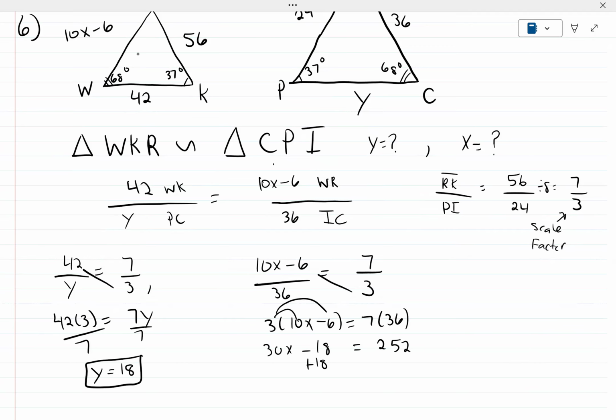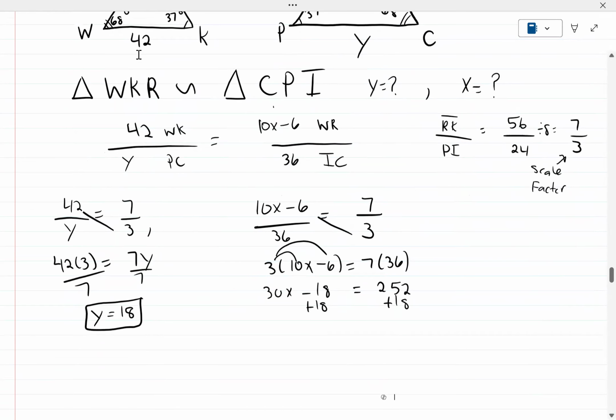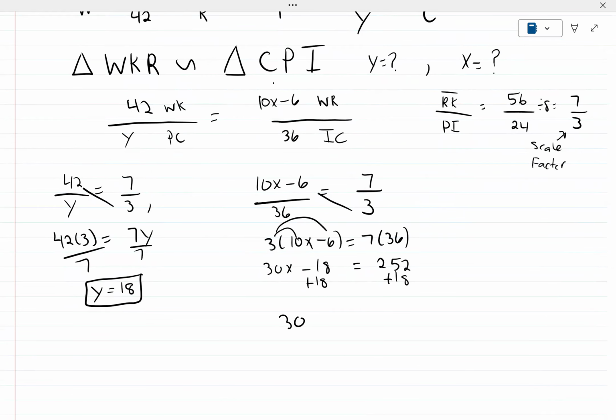Add 18. 30x equals 252 plus 18, which is 270. Divide this by 30. X equals 9. Right? So this works.